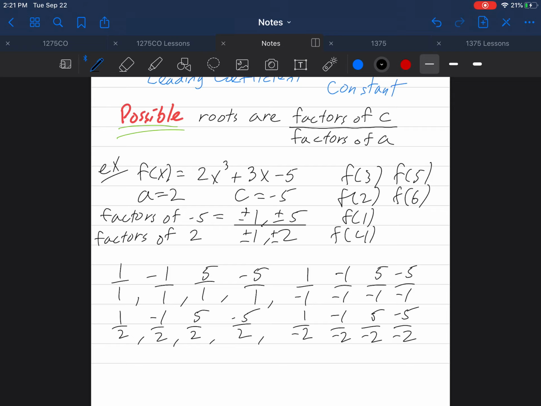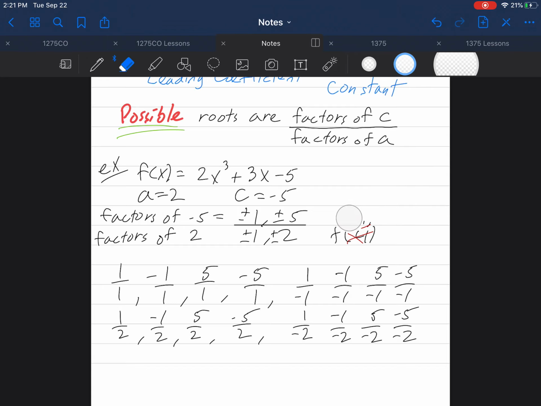Where does this stop? And the answer is it kind of doesn't. But what the rational root theorem tells us is that, you know what, 6, don't even bother. Number 3 here, 2 over 1, 4 over 1, don't even bother with these. 5 over 1, maybe. 1 over 1, maybe. Right, let's take a look.